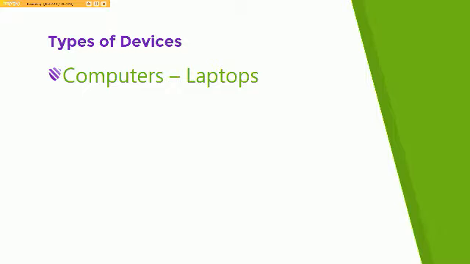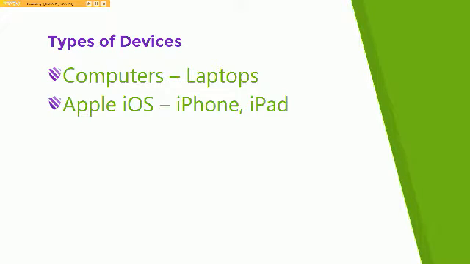The three types of devices that you're going to have to address are, first, computers, so laptops, netbooks, anything that is leaving your home that is running either a Windows computer or a Macintosh computer. Your Apple iOS refers to mobile devices that are Apple, so your iPhones, tablets, iPads, iPad mini, and so forth.